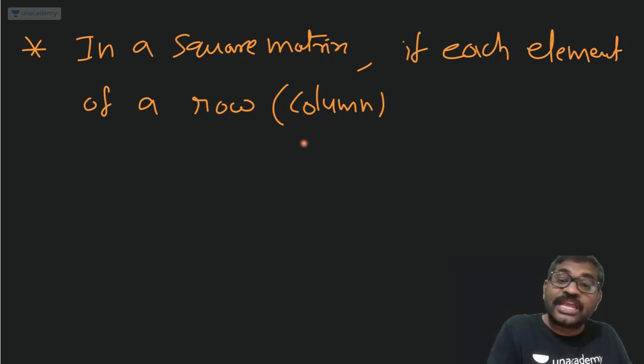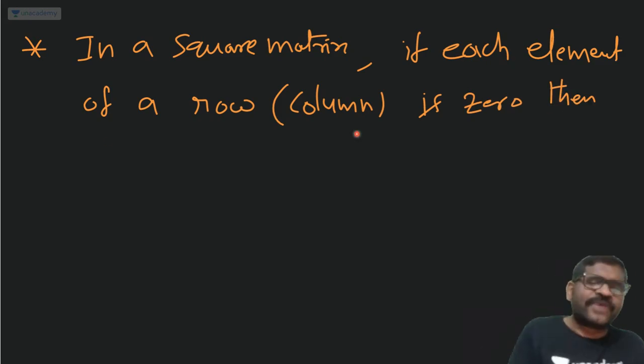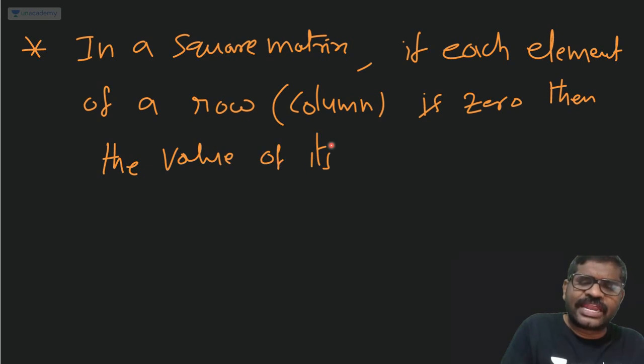Now, in a square matrix, if each element of a row or column is 0, then the value of the determinant is 0.